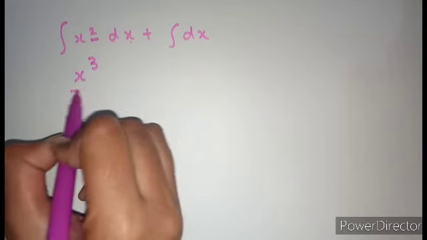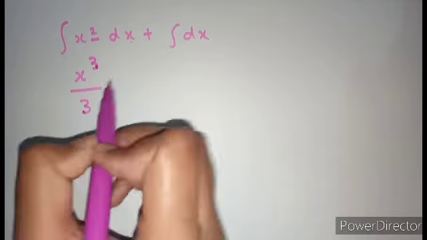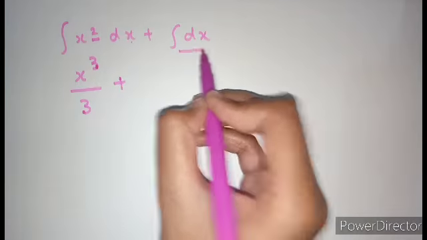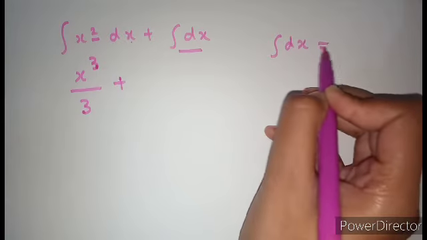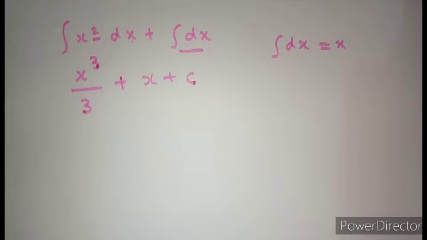So next write this same 3 in denominator. This is quite easy. Next, integral of dx is x. So x cube by 3 plus x plus integration constant c. So this completes 13th question of exercise 7.1.